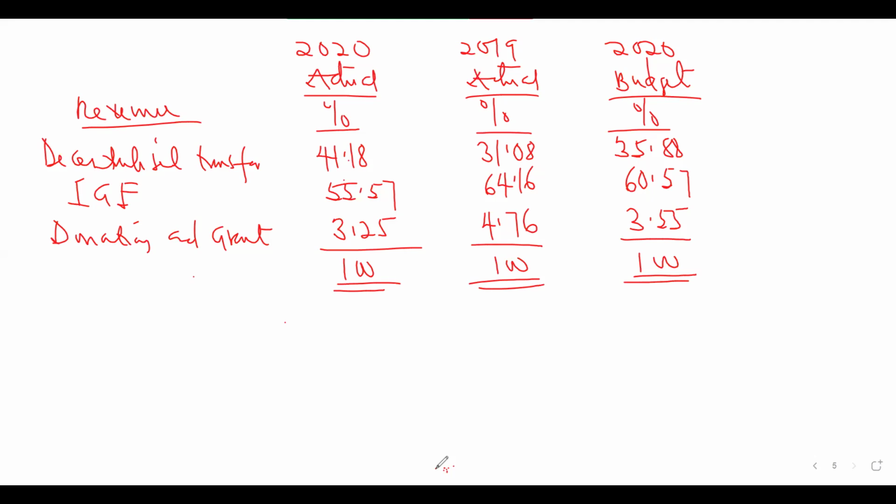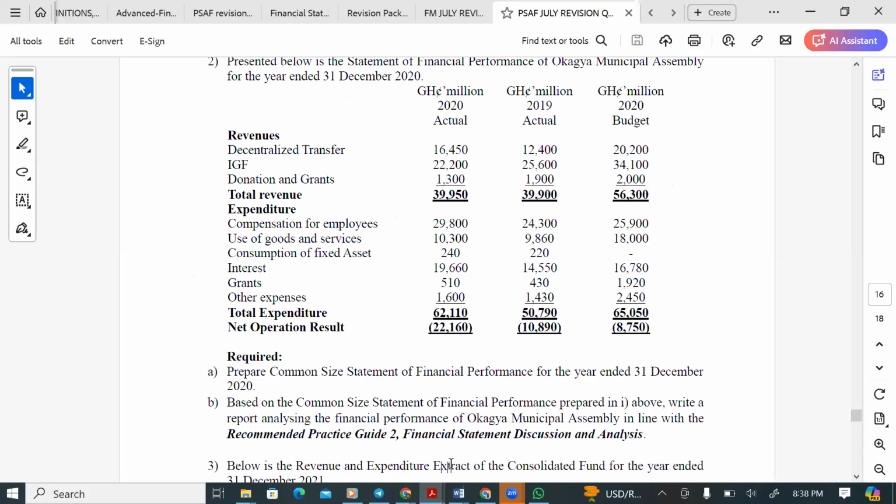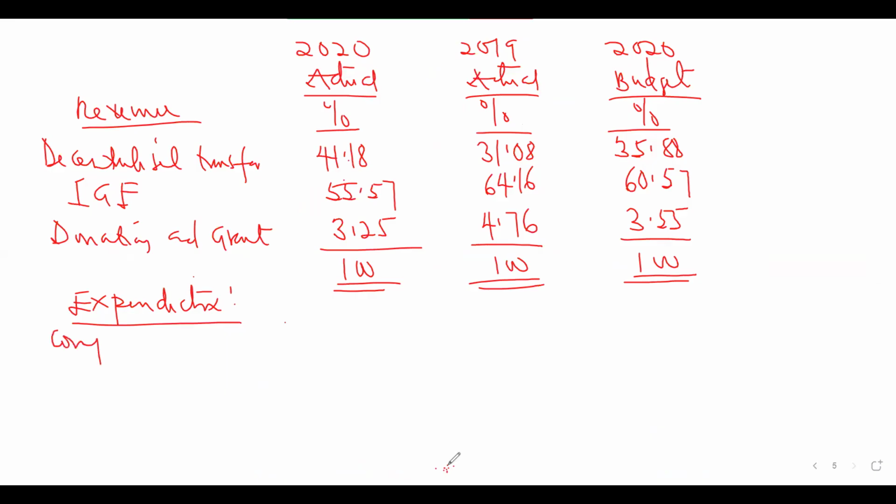So let's come to our expenditure items. We have compensation for employees.